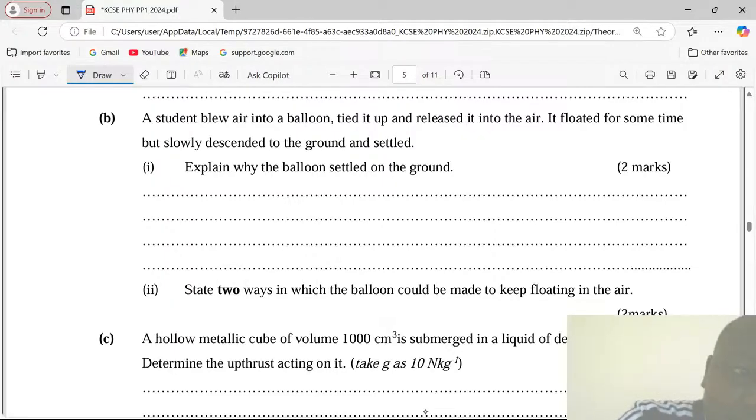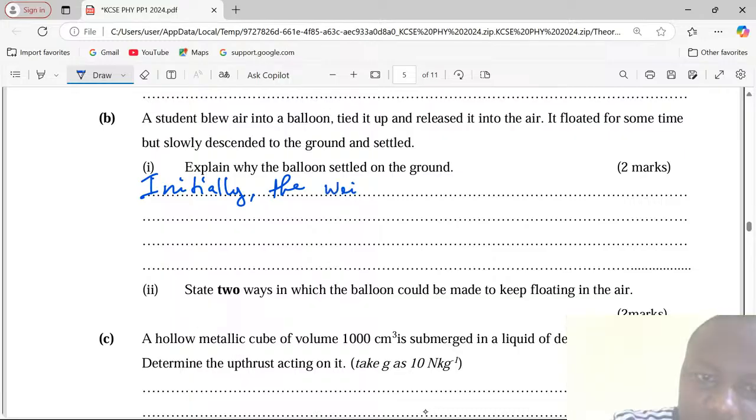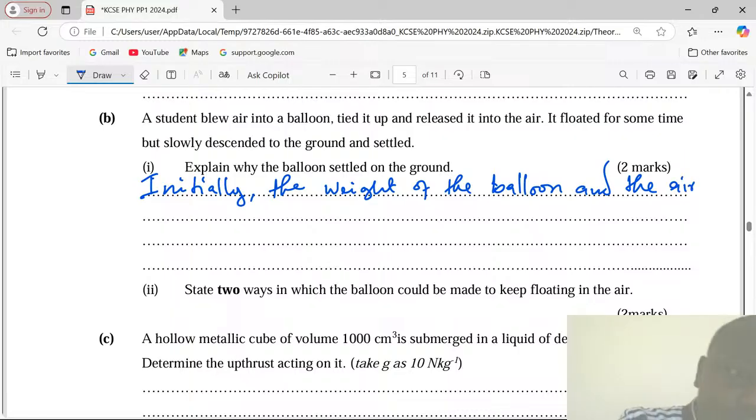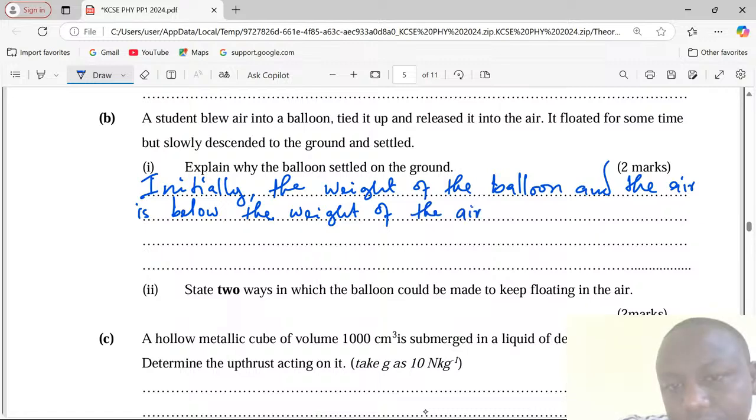Initially, the weight of the balloon and the air is lighter than, or below, the weight of the air around it.